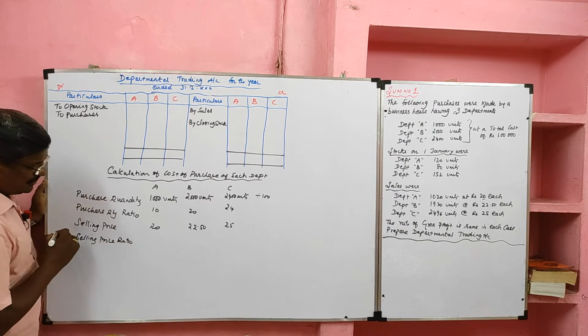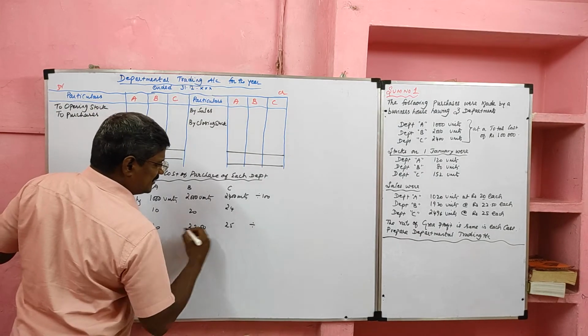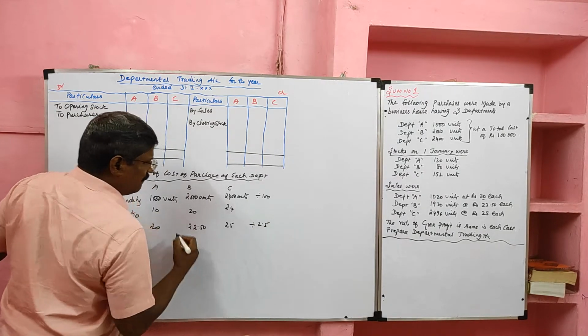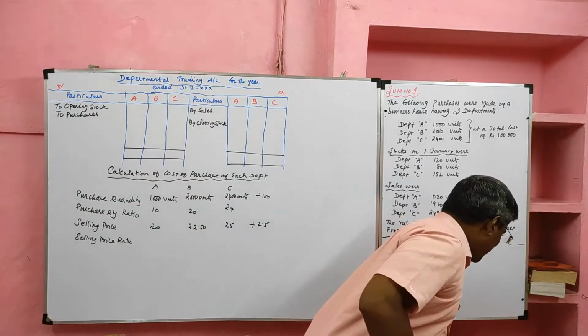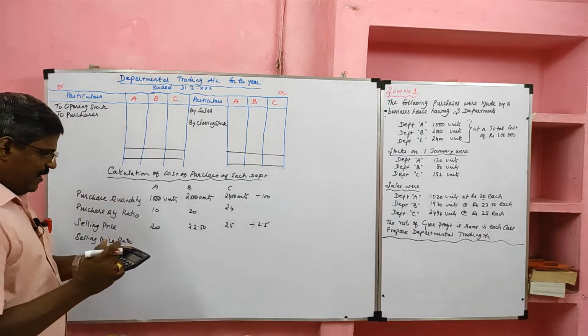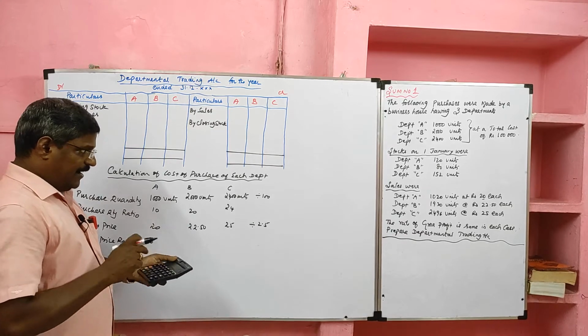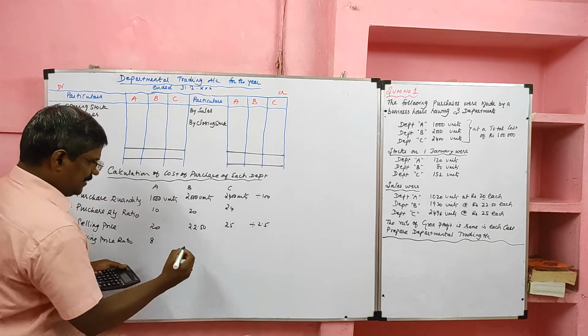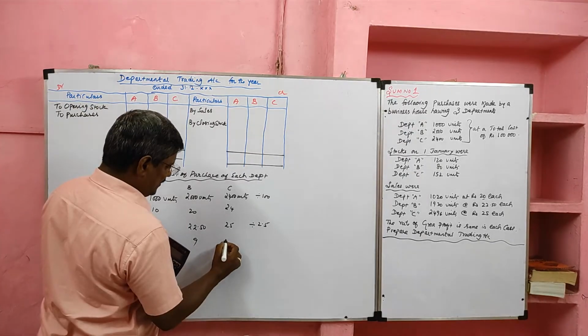If we divide these values by 2.5, we will get one value. 20 divided by 2.5 will get 8. 22.50 divided by 2.5 will get 9. 25 divided by 2.5 will get 10.